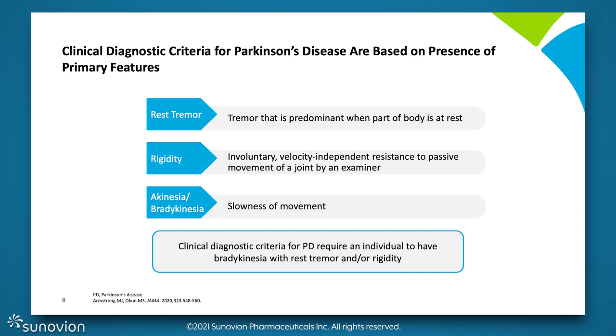And the examination is part of the broader general physical exam, but specifically the neurological exam and the finding of these three cardinal features. The most classic feature is that of a tremor predominant when a part of the body that is involved is at rest. And this may involve the wrist, the fingers, the elbow, the shoulder, the joint.